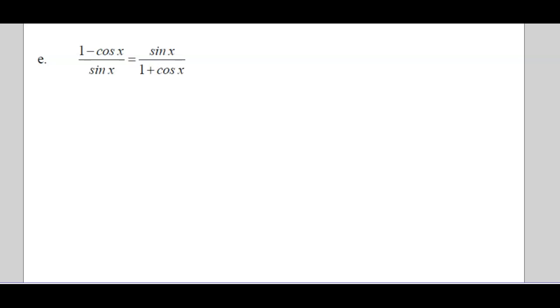So we've got to try to make one fraction look like the other. 2 terms in the numerator on the left, and 2 terms on the bottom on the right. You cannot cross over, right? Someone would probably be thinking, oh, I just want to cross multiply. You can't. But think about what happens if you did cross multiply, you'd be multiplying conjugates. So that's a bit of a hint.